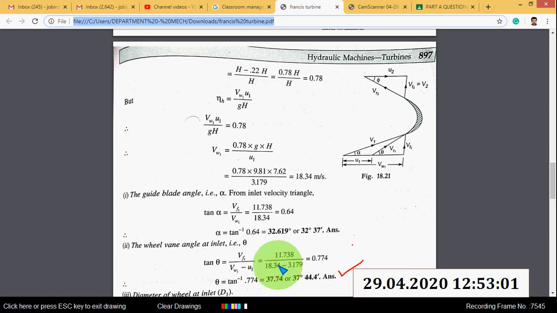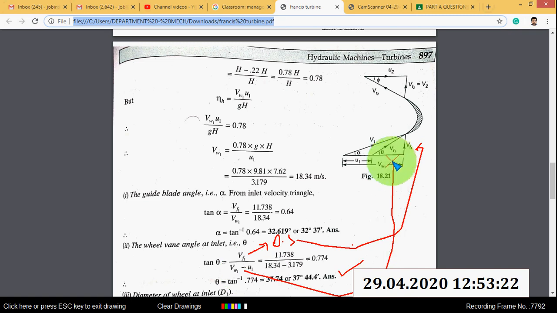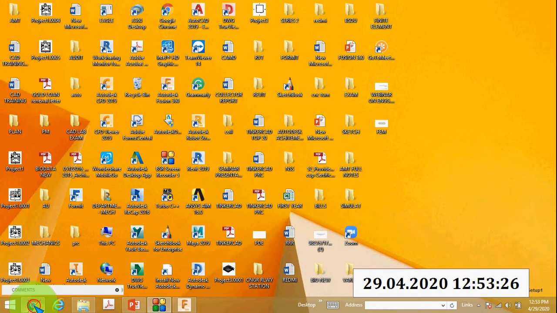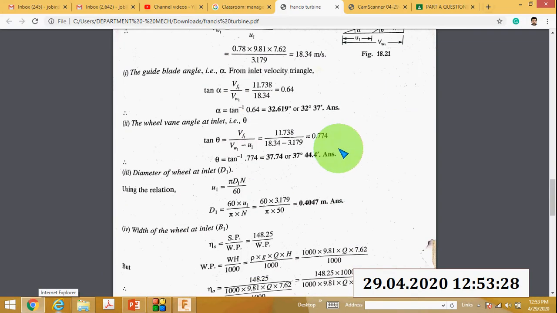Opposite side by adjacent side, Vw1 minus u1 is the adjacent side, and this is the opposite side. So you get theta.